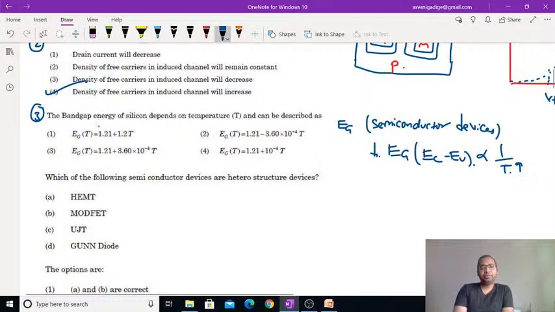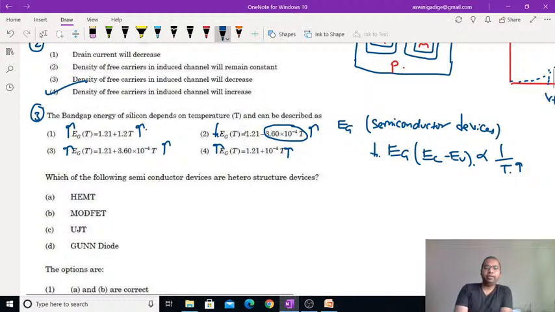If the temperature is increasing, Eg of T also increases here. And here also it increases. But here, if you are increasing the temperature, this term will increase. Whenever this term is increasing, then automatically Eg of T is decreasing.